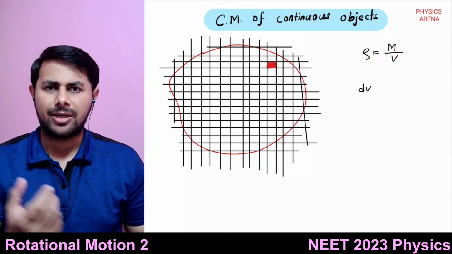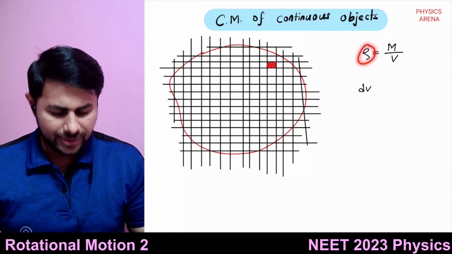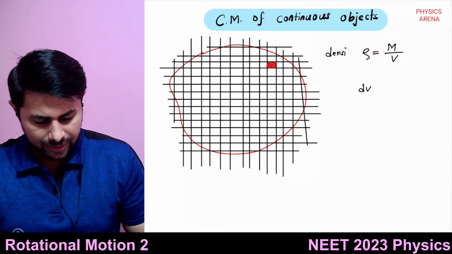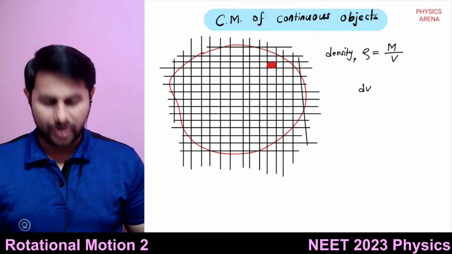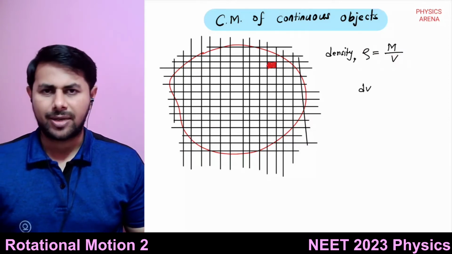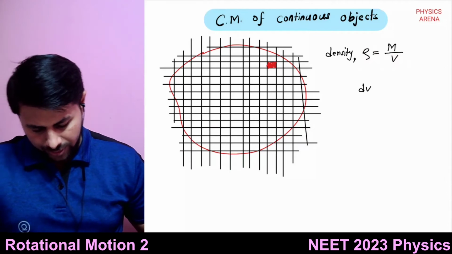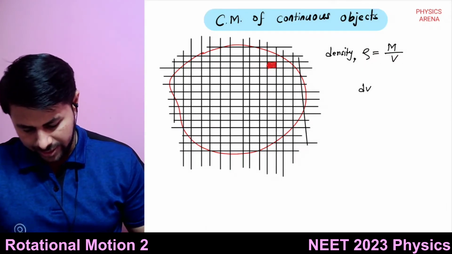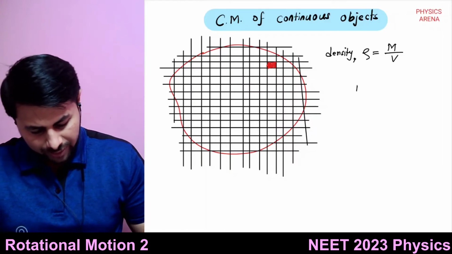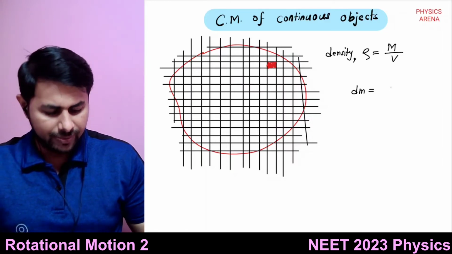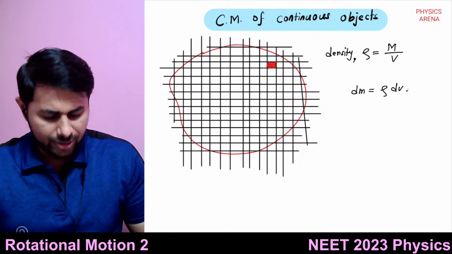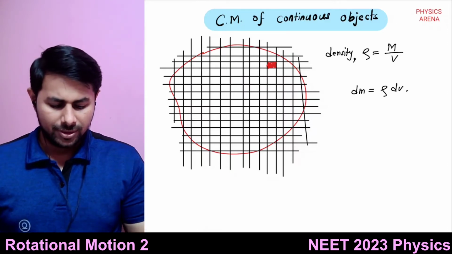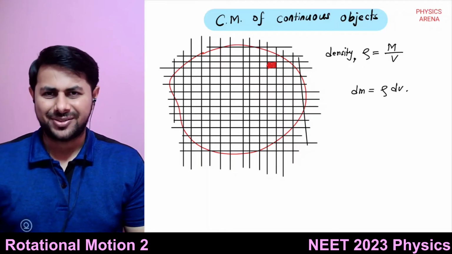So mass is density multiplied by volume. The mass of this piece, let's call it dm, is density multiplied by the small volume dV.